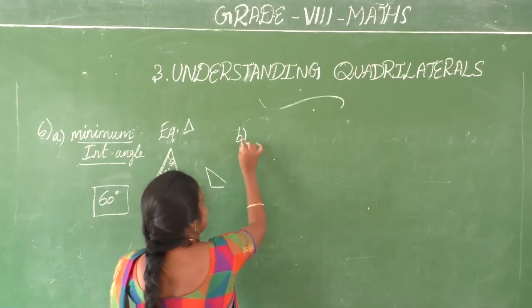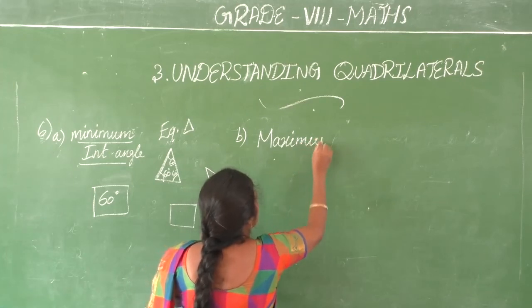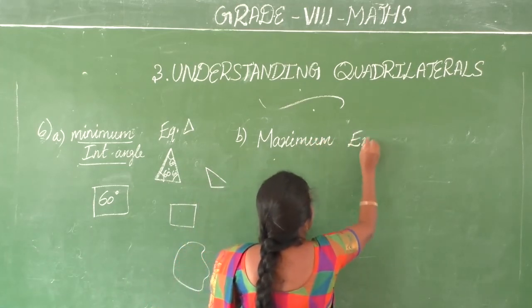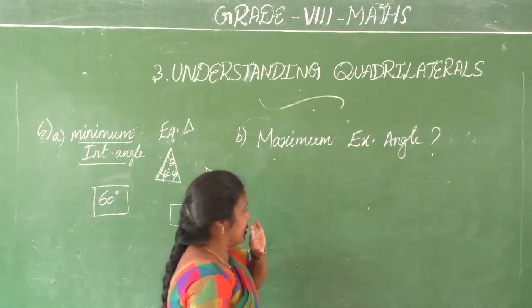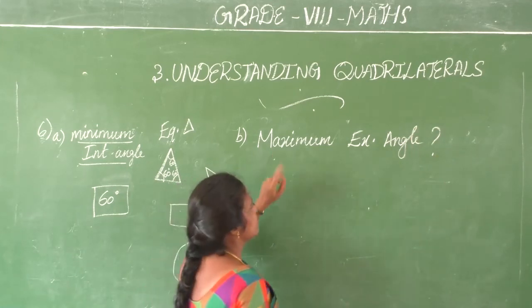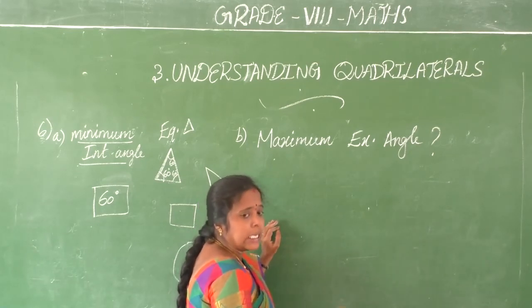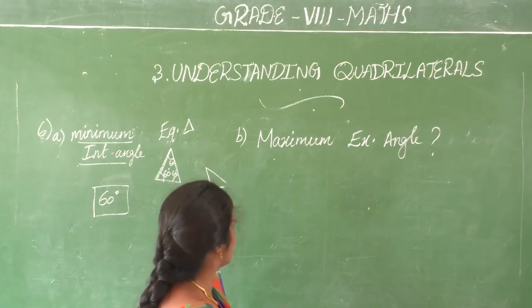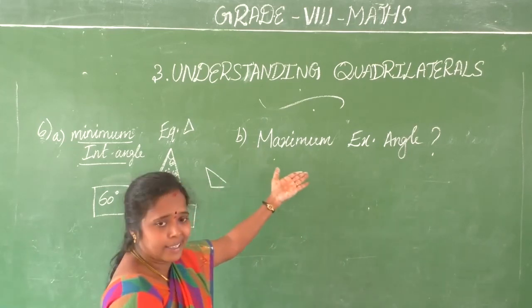In the sixth B section they asked the maximum exterior angle of a regular polygon. Clear? The maximum exterior angle of a regular polygon is how much? Why does it come? This is the question. From the A question itself we can get the answer.